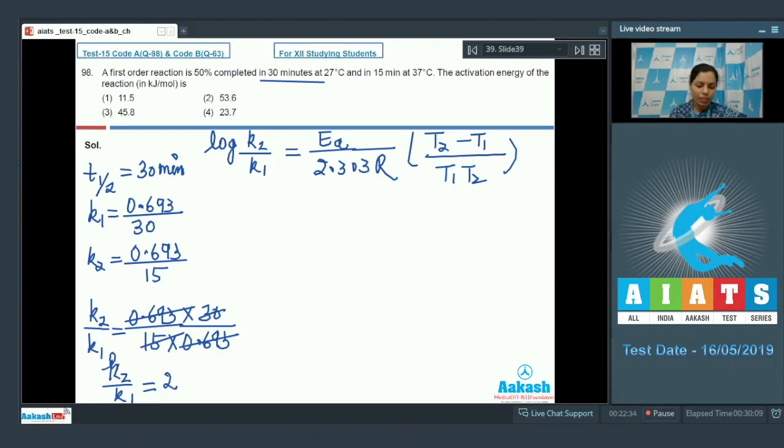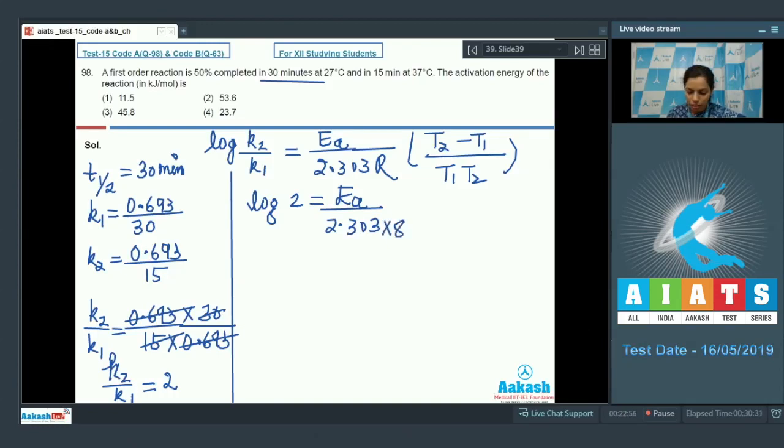Now we have this relation, and on the basis of this we'll solve the question further. So here log 2 is equal to Ea, which you need to find out, divided by 2.303 into R. The R value is 8.314 joule per Kelvin per mole.